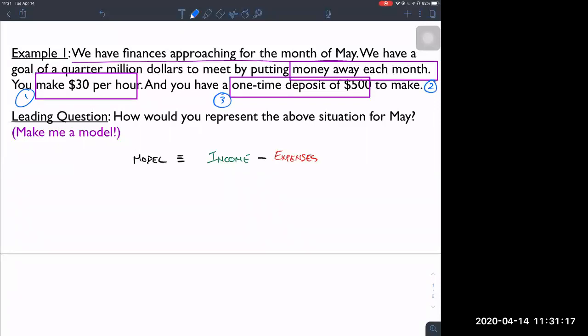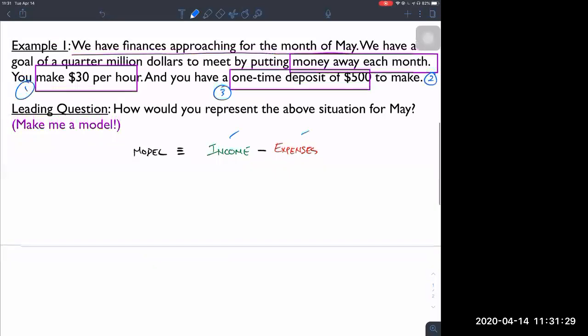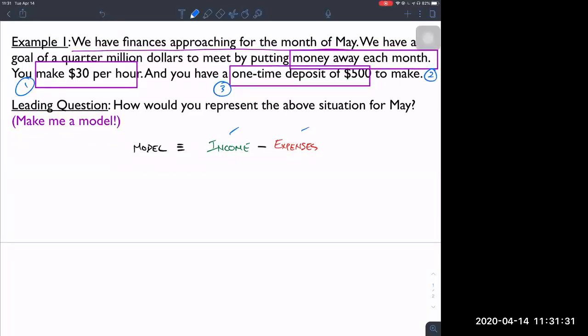And of those 3, it will always categorize into one of these 2 categories, if you will, right? You can always place in one of those 2. So hopefully, even though it's been a while, people realize, oh, number 1 goes in the income, right? And then number 2 and number 3 go into expenses, okay?